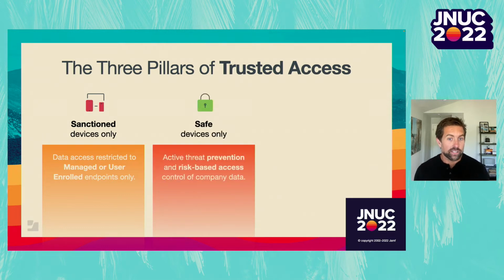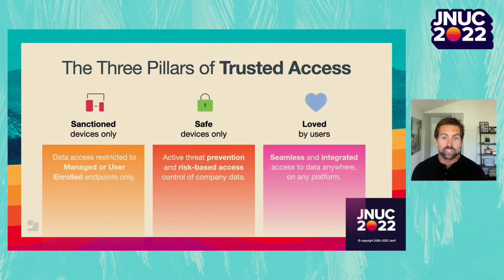Second, safe devices only. You need to make sure that those devices are protected from threat. And if a threat has gone through or the device is otherwise risky, you provide risk-based control to company data to make sure that a risky device does not have access to sensitive data resources.